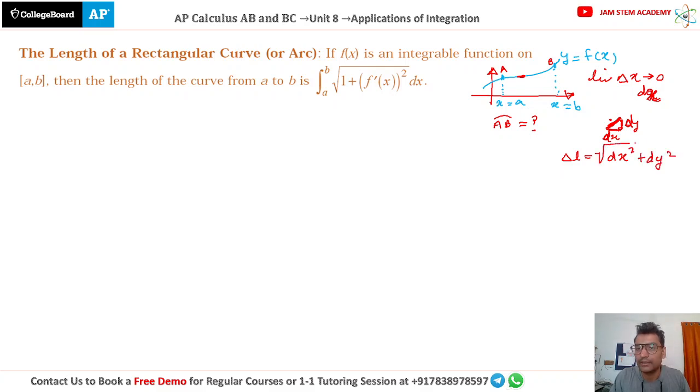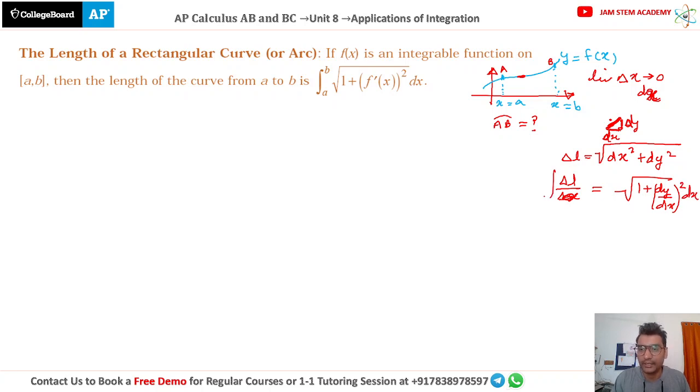Taking dx out, delta L by delta x equals the square root of 1 plus dy by dx whole squared.